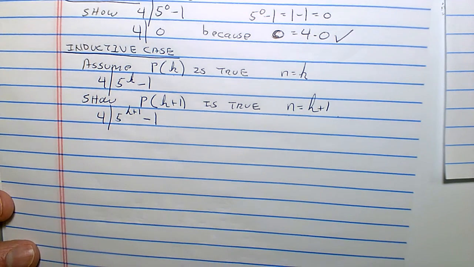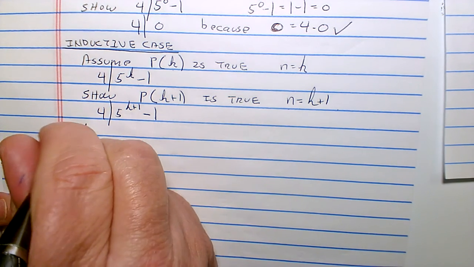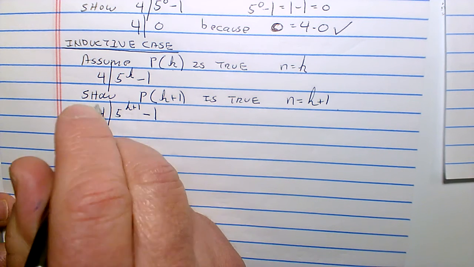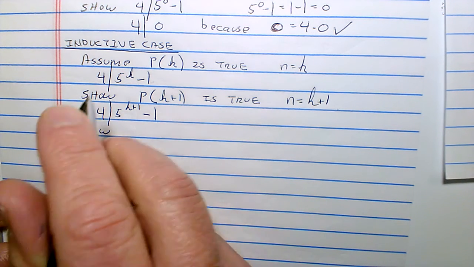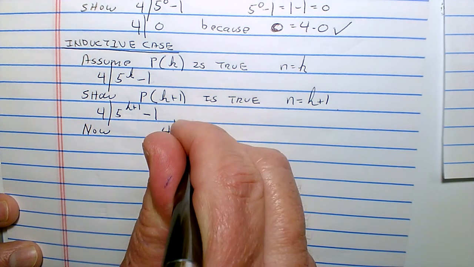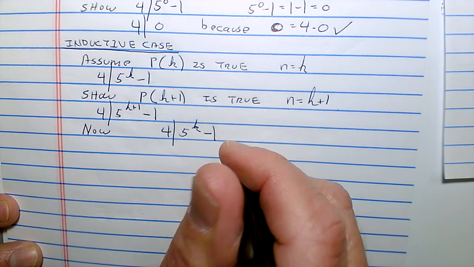Now this particular proof is just a little different from the ones we've done before, but it still follows the basic idea of doing an induction proof. What we're going to do is start with what we're assuming. We're going to assume that 4 divides 5 to the k minus 1.